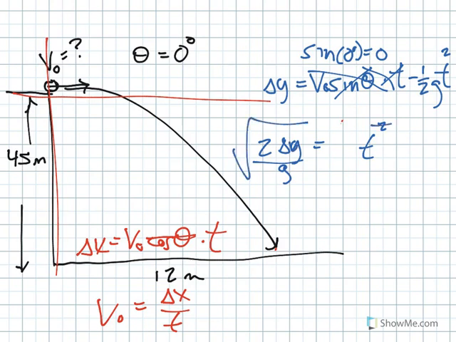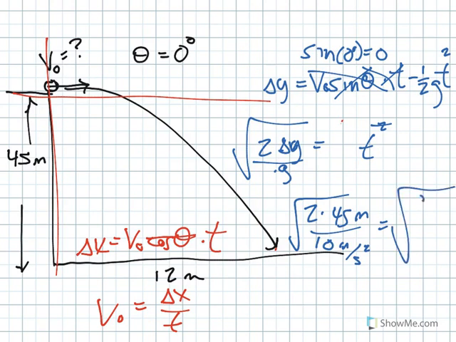Again, if down is negative, both delta y and this g are negative, and those two negatives cancel each other out to leave everything under the radical sign as positive. So that's going to be 2 times 45 meters divided by 10 meters per second squared. So 2 times 45 is 90 meters divided by 10 meters per second squared.